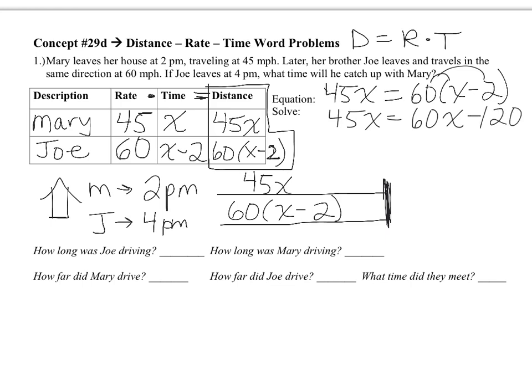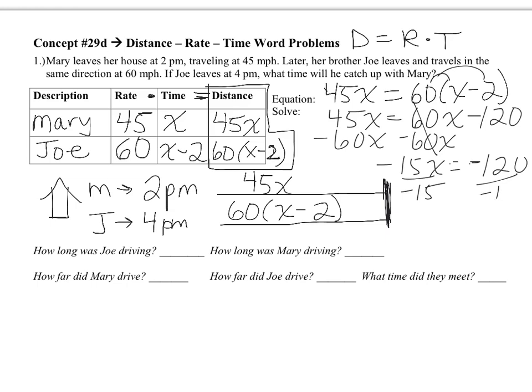And then collect your variables. So we're going to subtract 60x from both sides. And we're going to get negative 15x equals negative 120. Then we're going to divide everything by negative 15. And you're going to get that x is equal to 8.